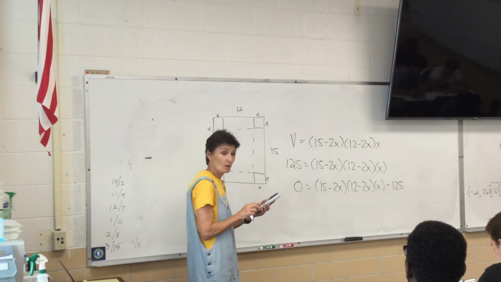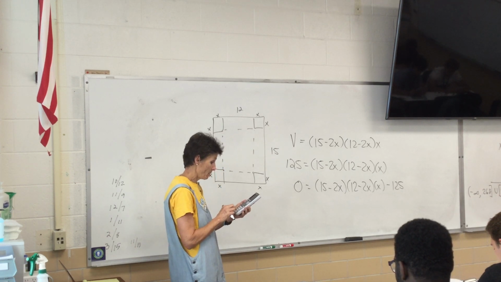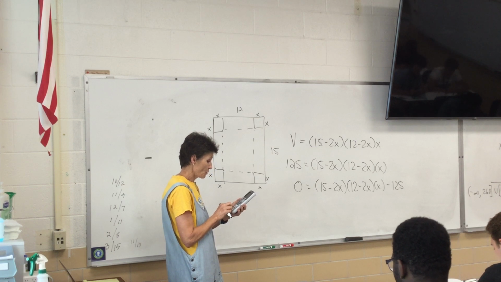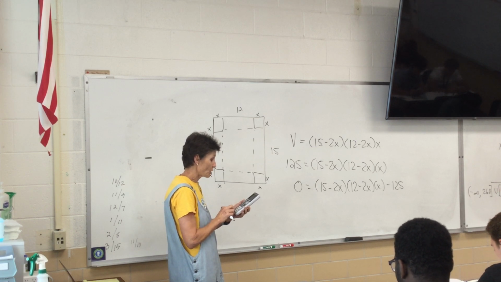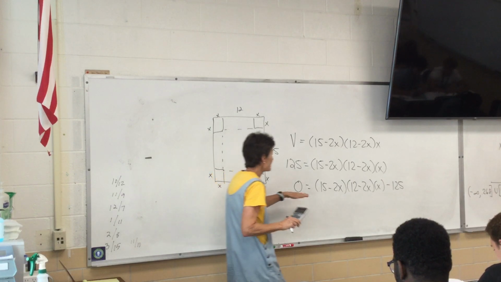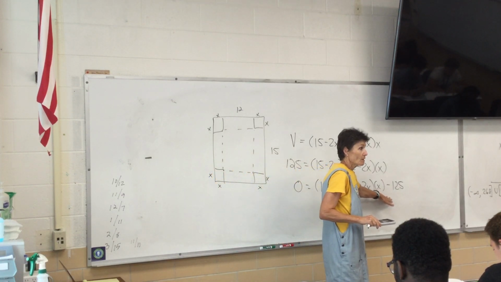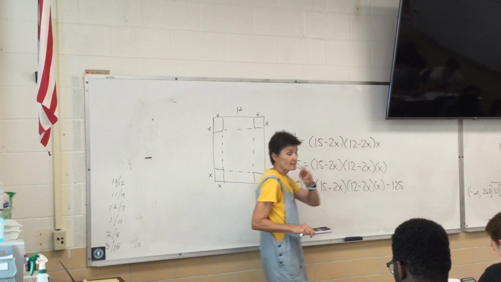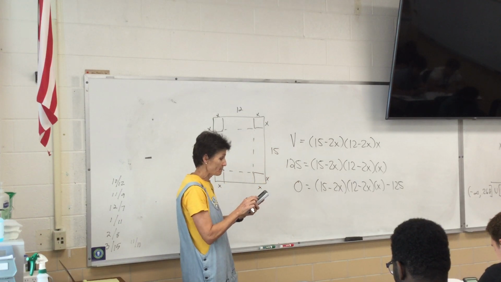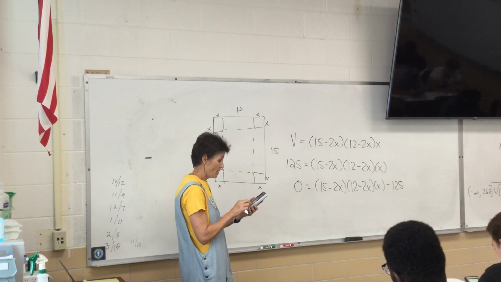It's a cube, so at most 3 times. At most 3 times. So he just asked, how many times should it cross the x-axis? This is a cube, so at most 3 times. I'm not sure how many times this one crosses, but at most it would be that.